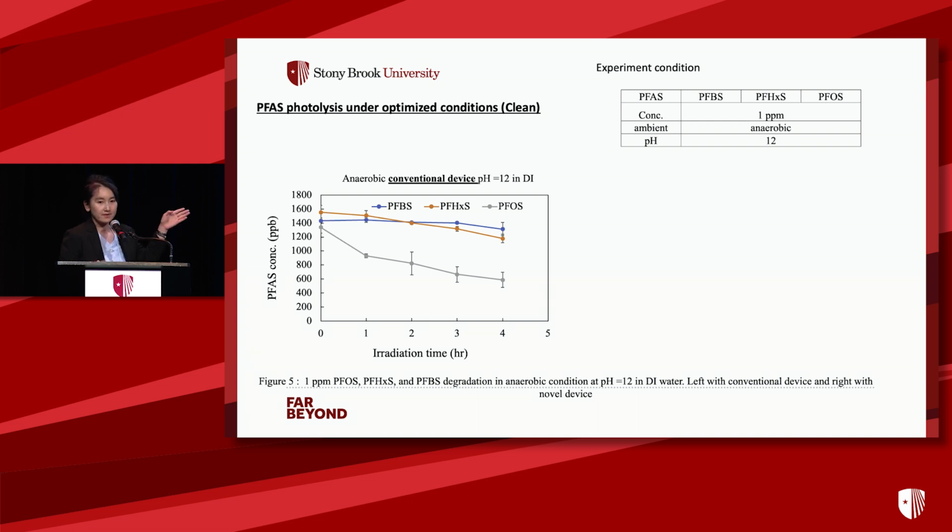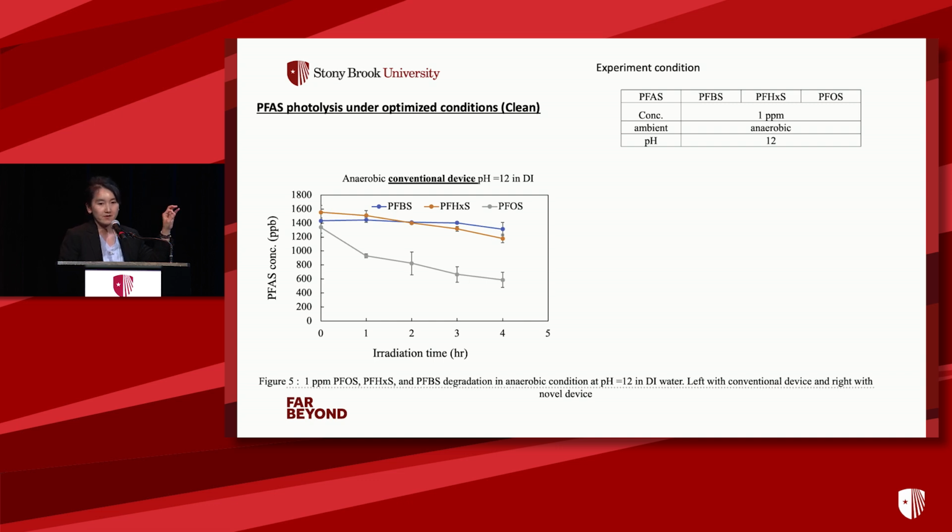The figure that I presented here is the conventional device degradations in the optimized condition: anaerobic condition, higher pH 12. And you can see the sulfonic compounds, the long-chain sulfonic compound PFOS, significantly decreased, with more than 50% degradation under the optimized condition.